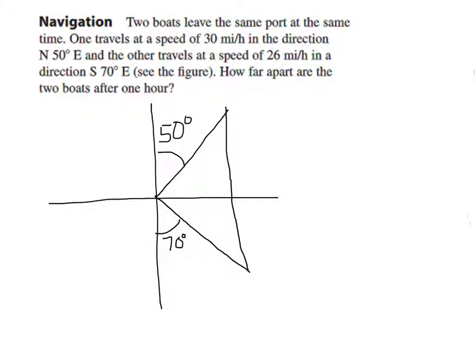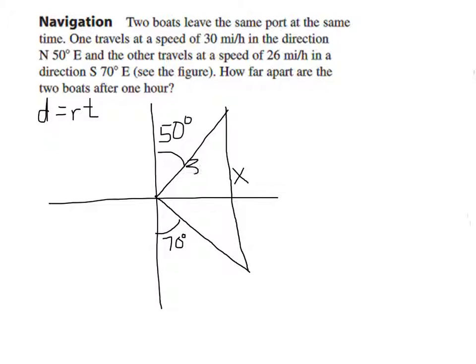So my goal is to find the length of this side. I'll call it x because that's my favorite variable. I can figure out the length of the two sides because distance is equal to rate times time. Both of the boats have only been traveling for 1 hour.